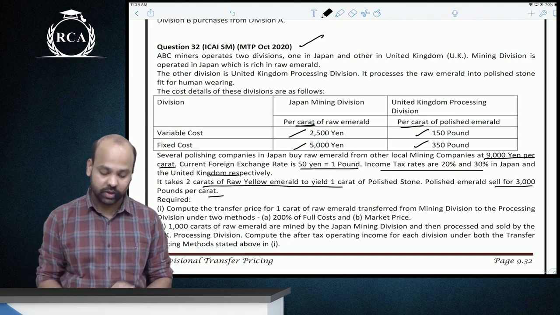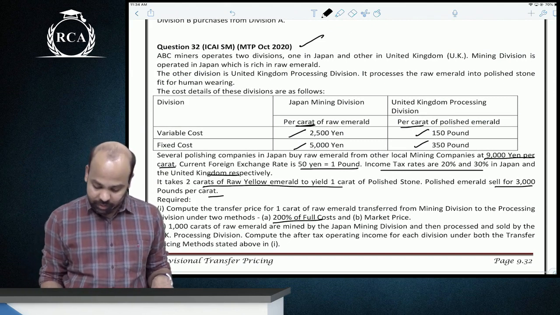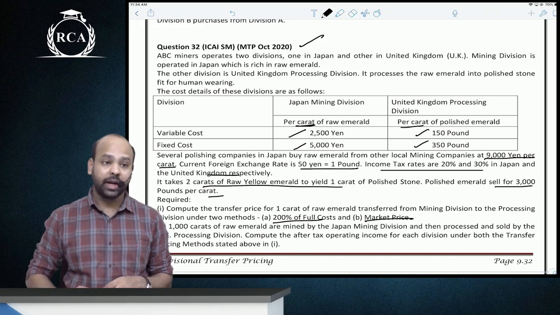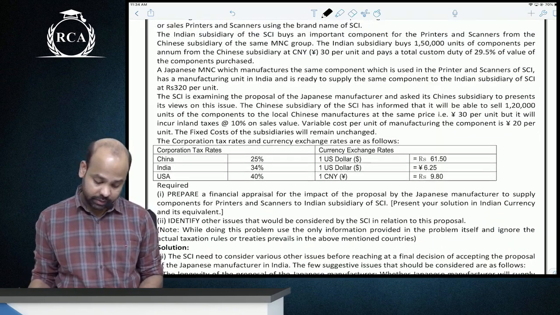Similar question, guys, 3 divisions. 200% of full cost, market pricing, and compute operating income under all of them. Such a simple question, guys.